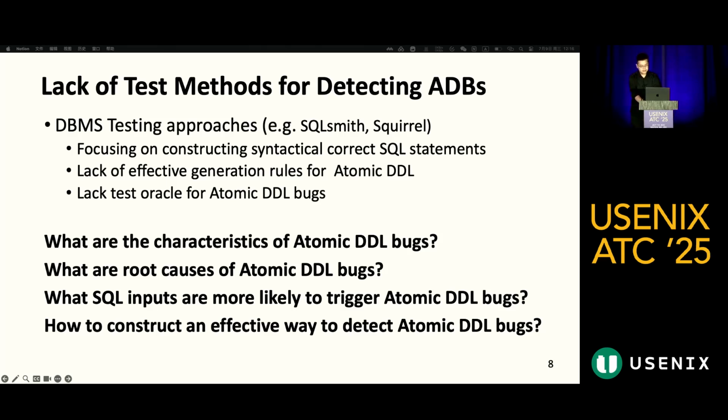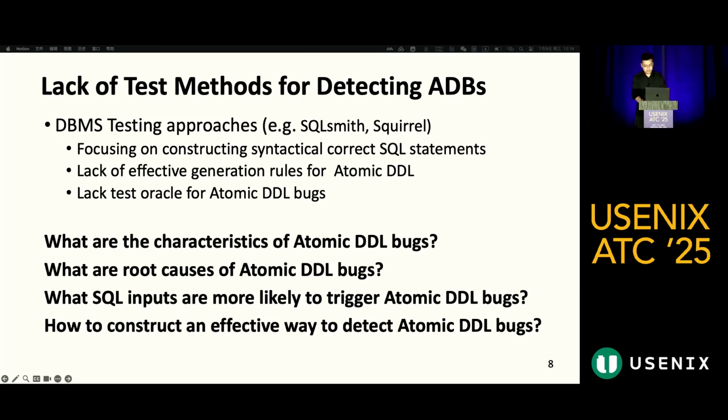DBMSs underpin countless critical applications, so an atomic DDL bug can lead to severe economic losses and even more serious consequences. But existing testing tools are unable to expose such bugs.